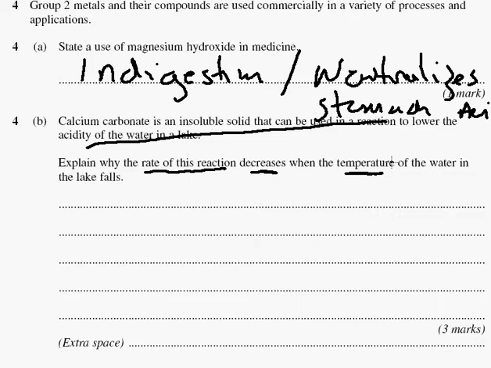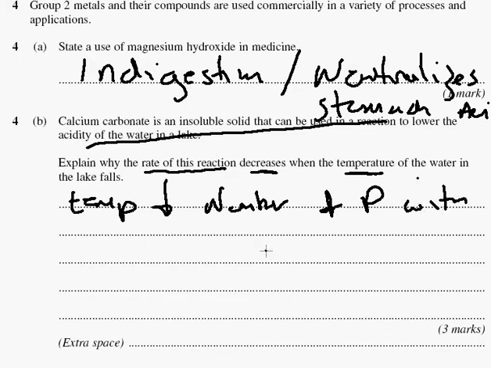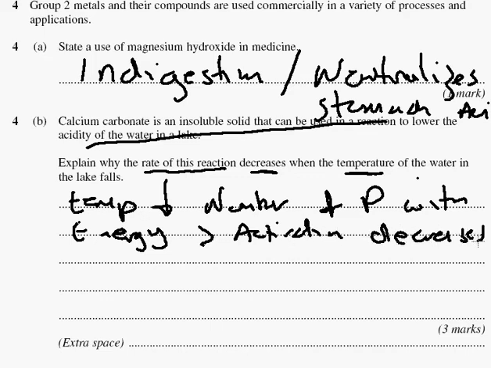As the temperature decreases, so what we're going to write is, temp goes down, the number of particles with energy greater than the activation energy decreases. And that's 2 marks for that point.